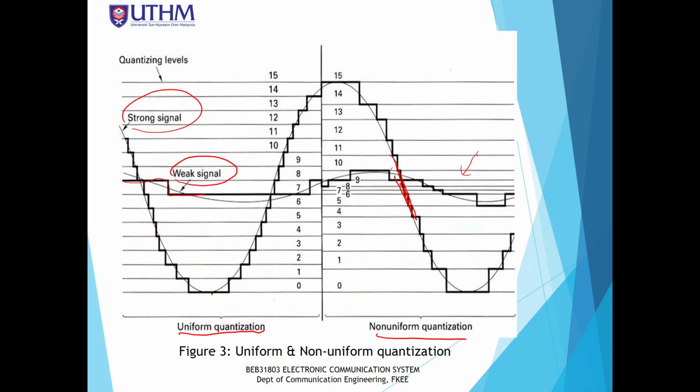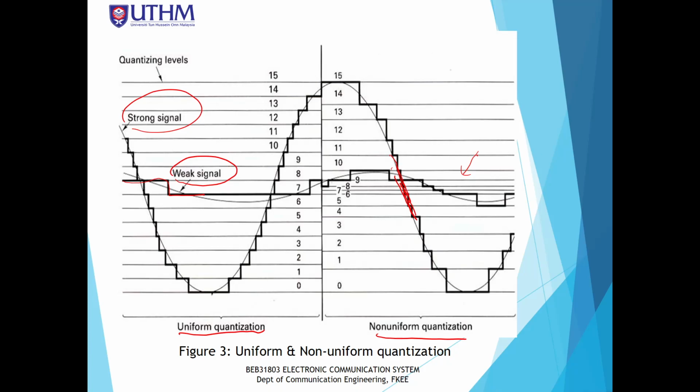So we can have more levels to accommodate the variation of the input, because the input is changing rapidly.